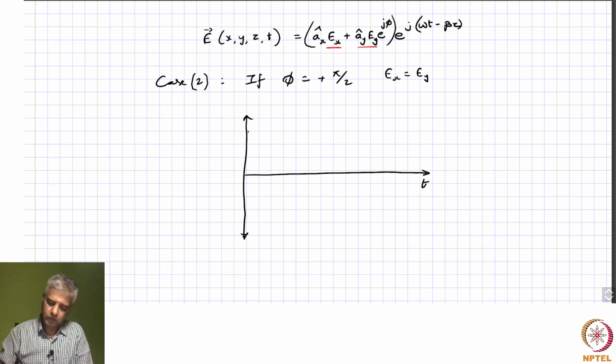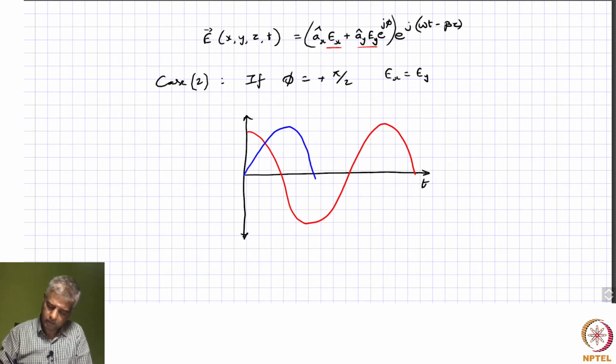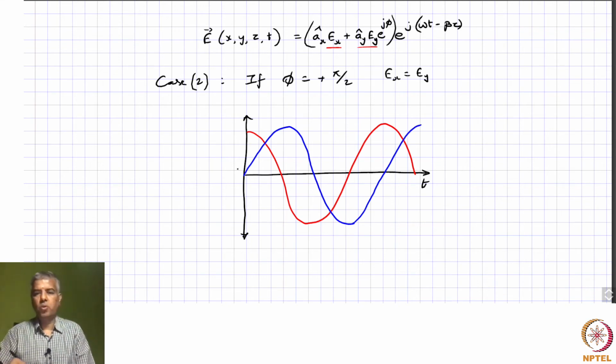Now if we had started with the case where phi equals minus pi by 2 and Ex equal to Ey, you would have seen something slightly different.